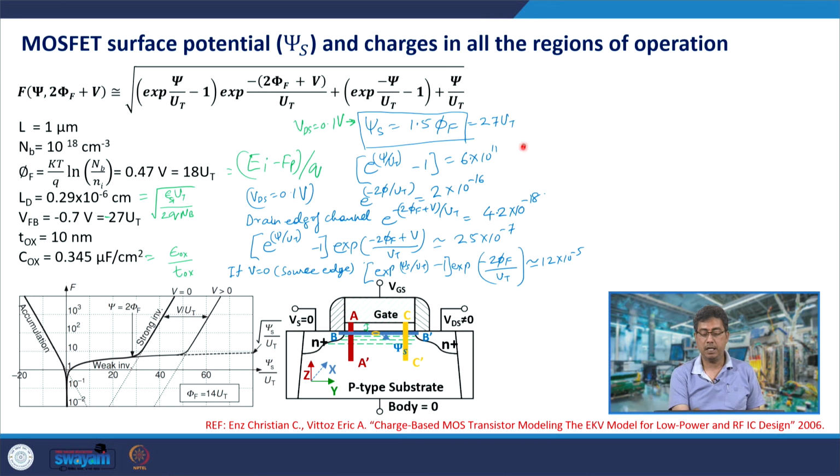But we also see that though the electron charge density per unit area, or the first term, increases by around 2 orders of magnitude when we move from drain edge of the channel to source edge of the channel, even here the first term is negligible compared to the third term. So, therefore, it is the third term which dominates here in this region.